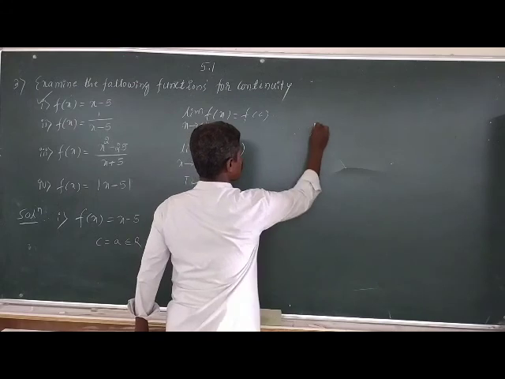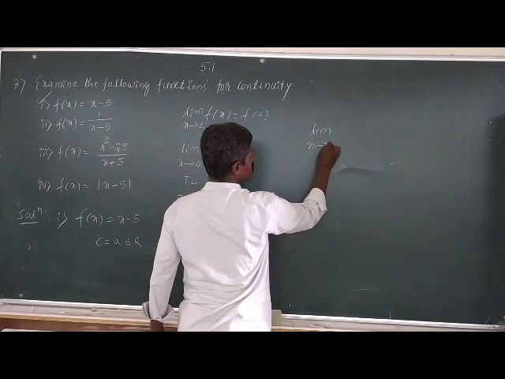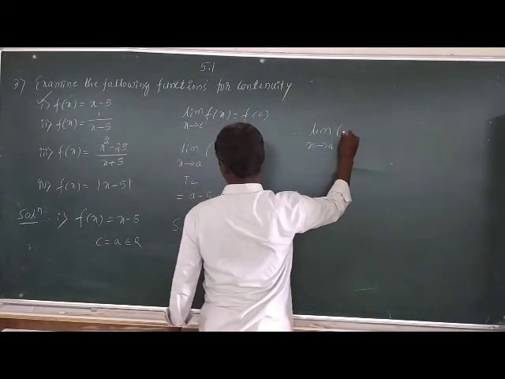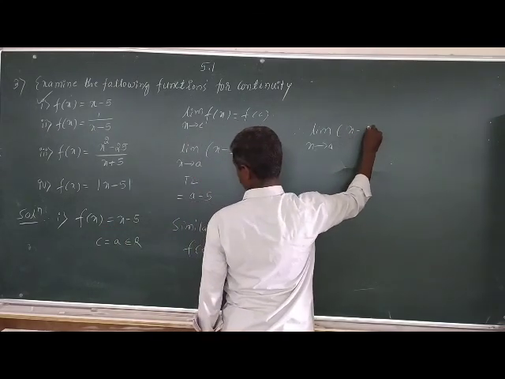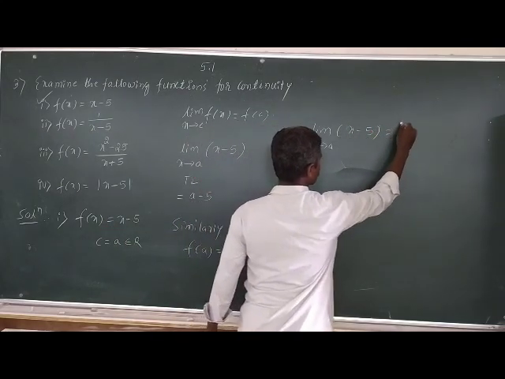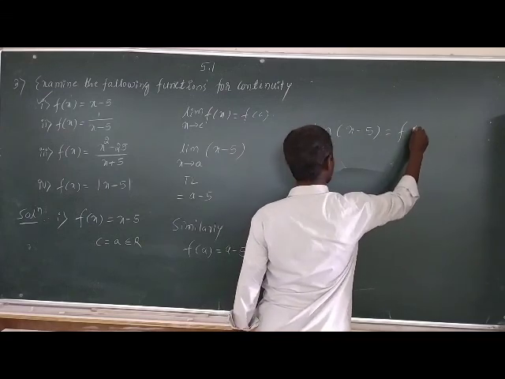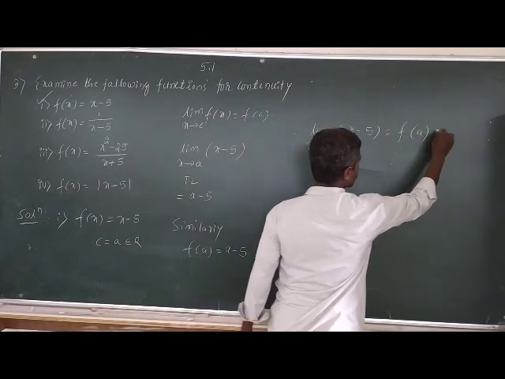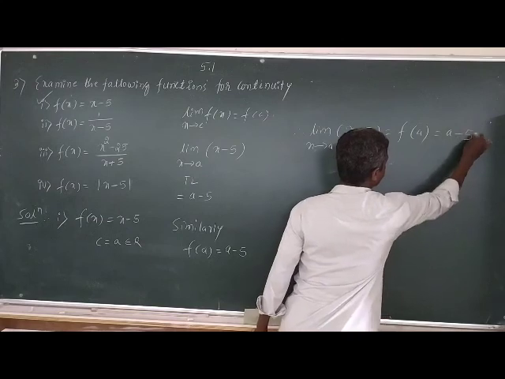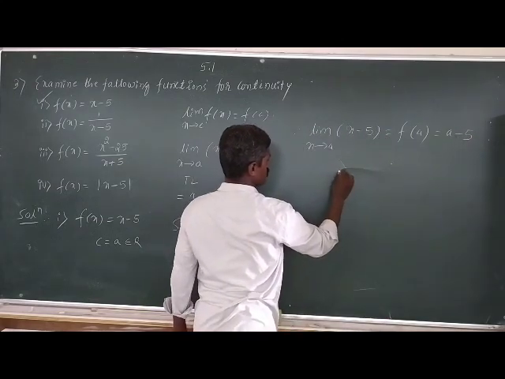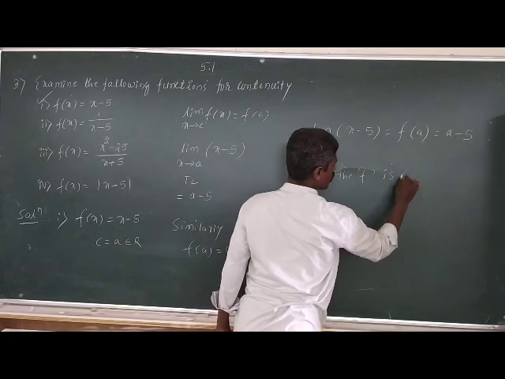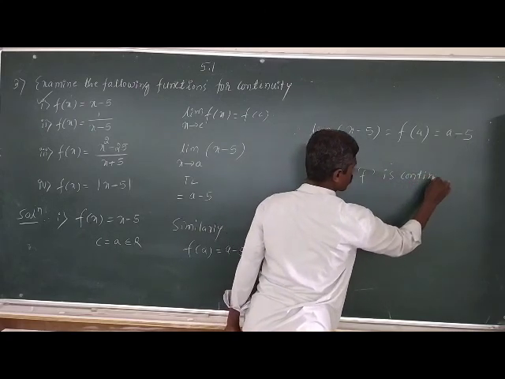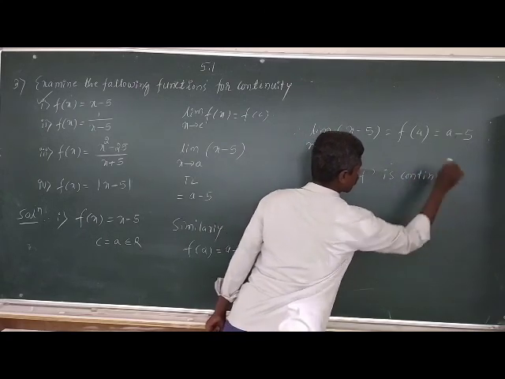Therefore, limit as x tends to a of x minus 5 is equal to f of a, which is a minus 5. Therefore, the function f is continuous.